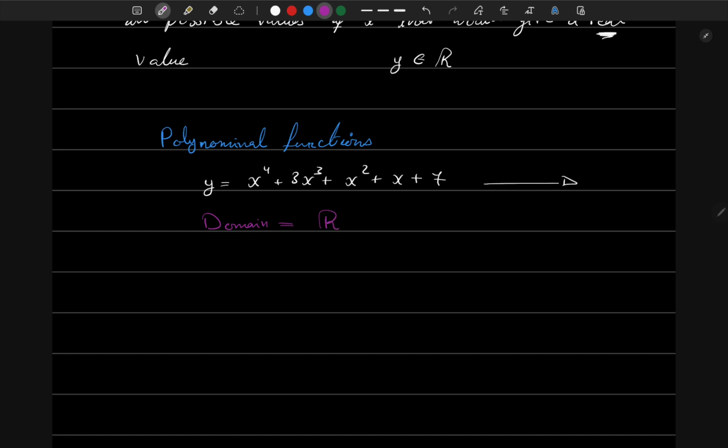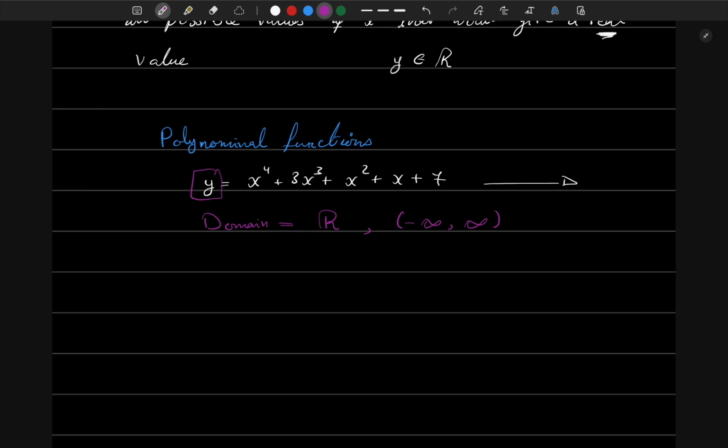That means all numbers from negative infinity to positive infinity are in the domain of this function. Or also we can just say that any number that you can imagine is going to be in the domain of this function. Any number that you can imagine, you can put it as a value for x and you will get a value in y.